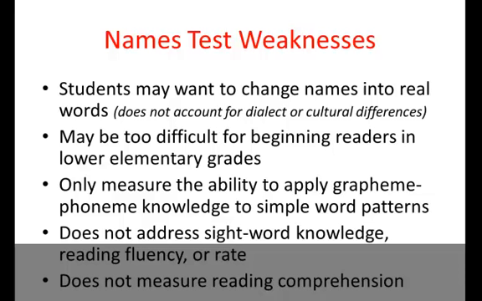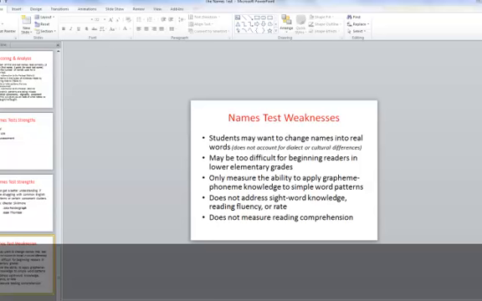So it's a very specific diagnostic informal assessment that allows me to look very closely at decoding ability with regard to graphophonemic patterns. So the names test hopefully will not be too difficult to give. You may run into a little bit more difficulty trying to score the data using the matrix and then analyzing the data.